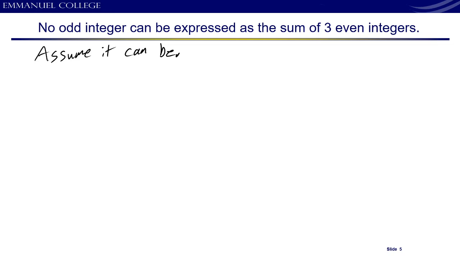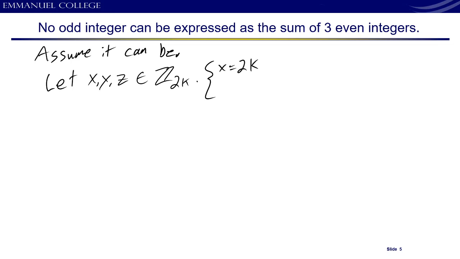We're going to say let x, y, z be in 2k, just as a way to represent even integers. So let's say x is equal to 2k, y is equal to 2l, and z is equal to 2j.